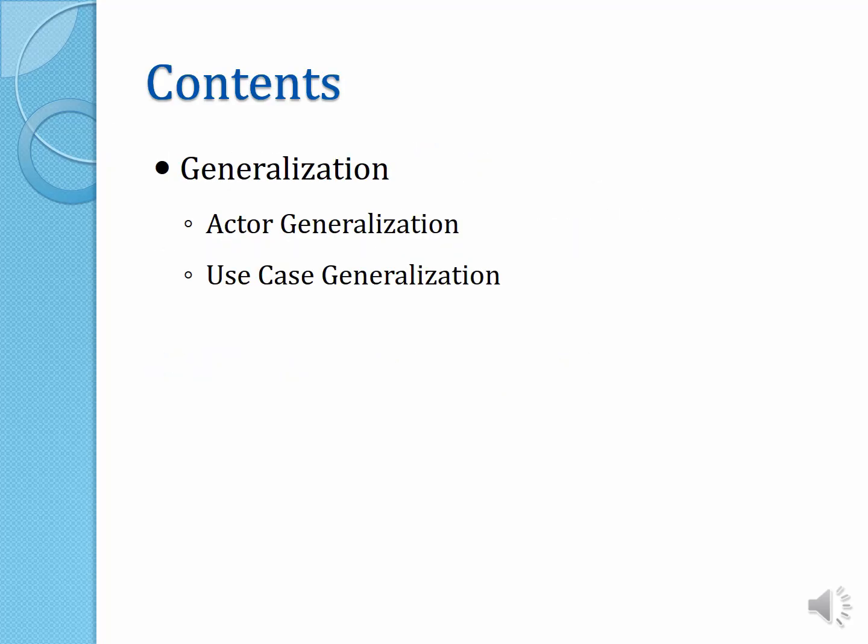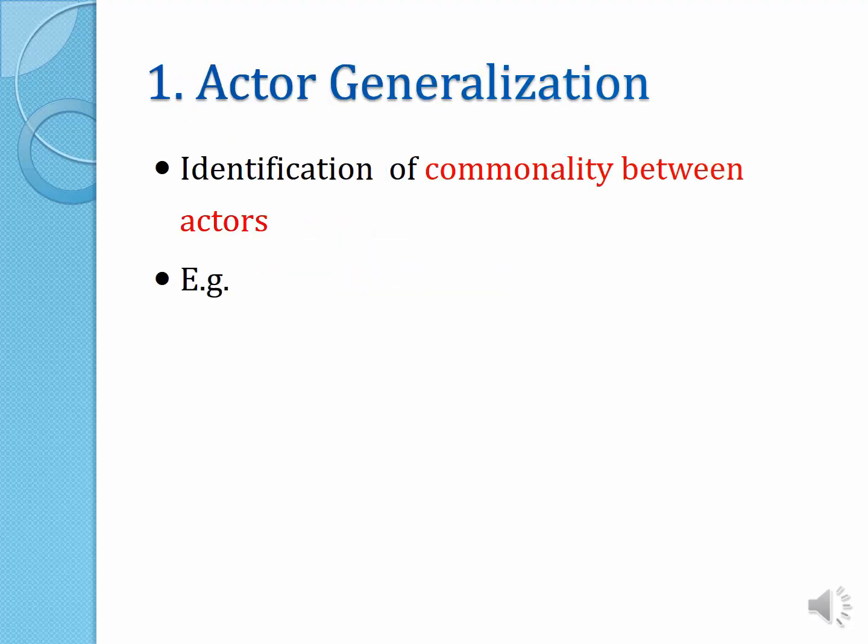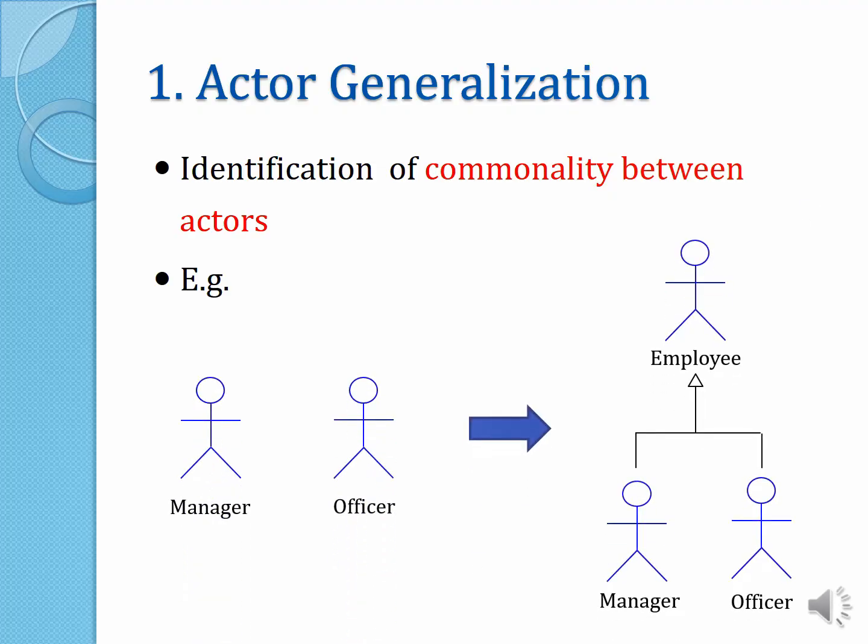This video will cover the generalization concept: actor generalization and use case generalization. First is actor generalization. It means identifying the commonality between the actors. We already know there are different actors in a particular project.